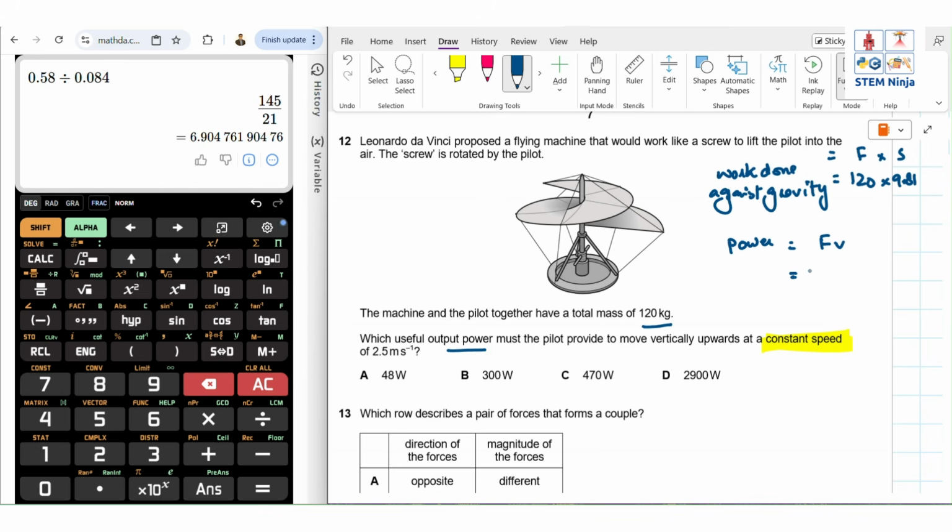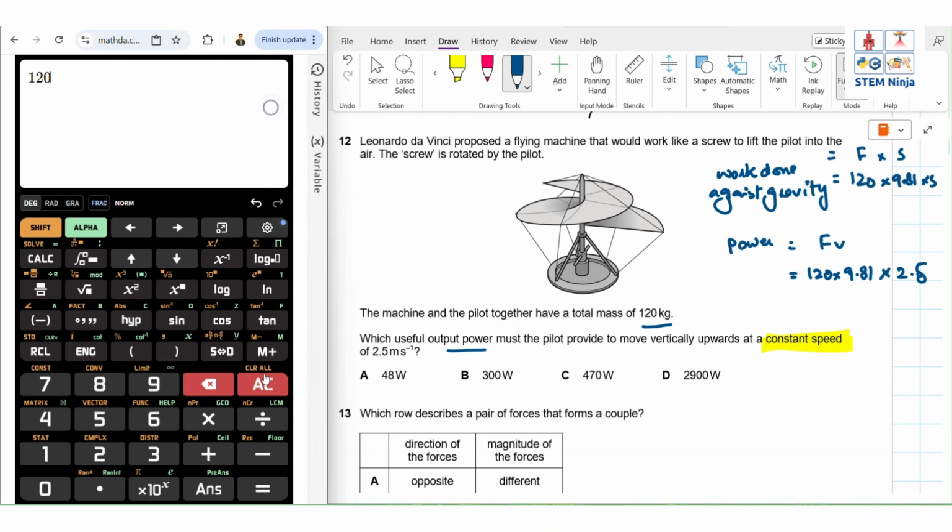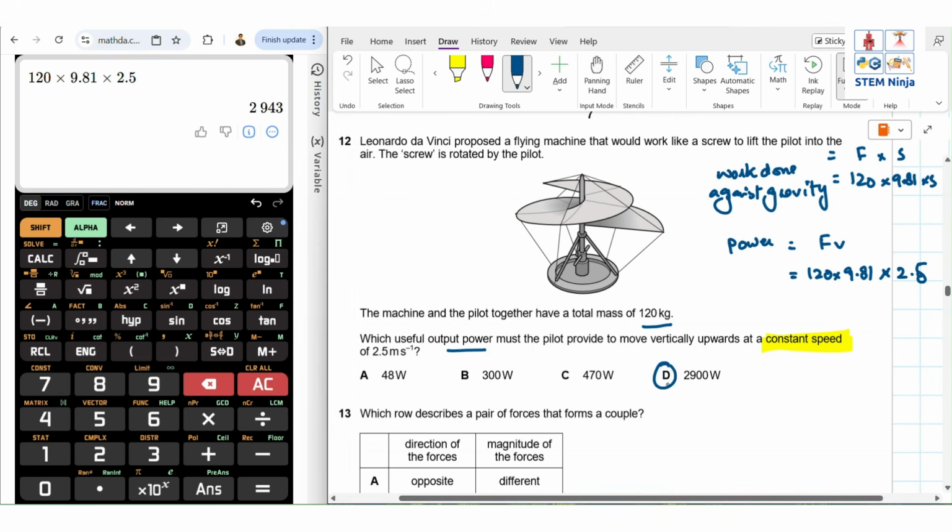So F is again mg, 120 times 9.81, times the constant speed of 2.5. So 120 times 9.81 times 2.5 is 2943, so roughly around 2900. So this is the answer.